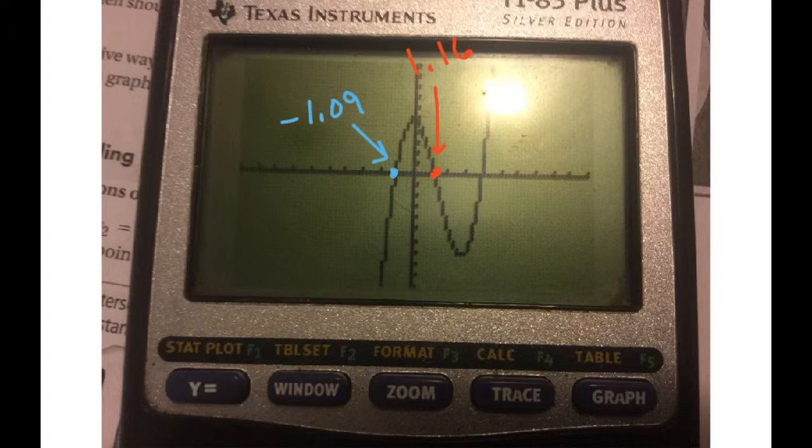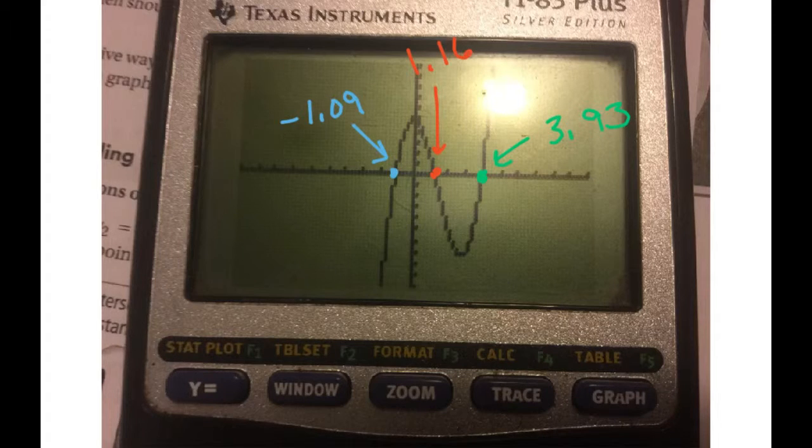And now I'm going to do intersection one more time to find that 0. Before I hit enter 3 times, I'm going to make sure the cursor is close to that 0, and it tells me the solution is at 3.93.